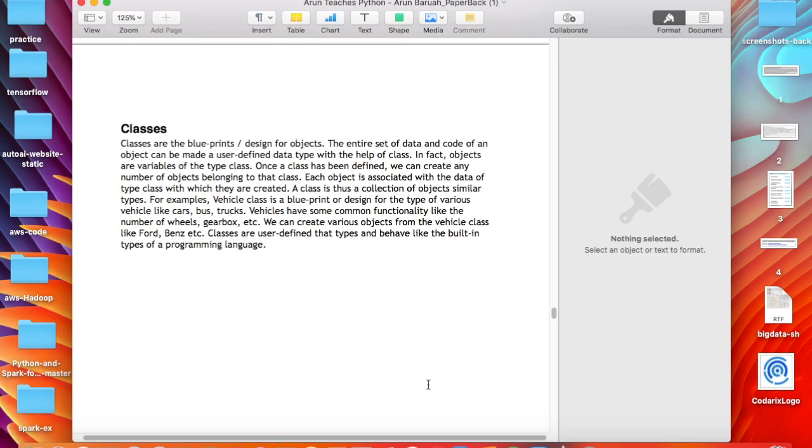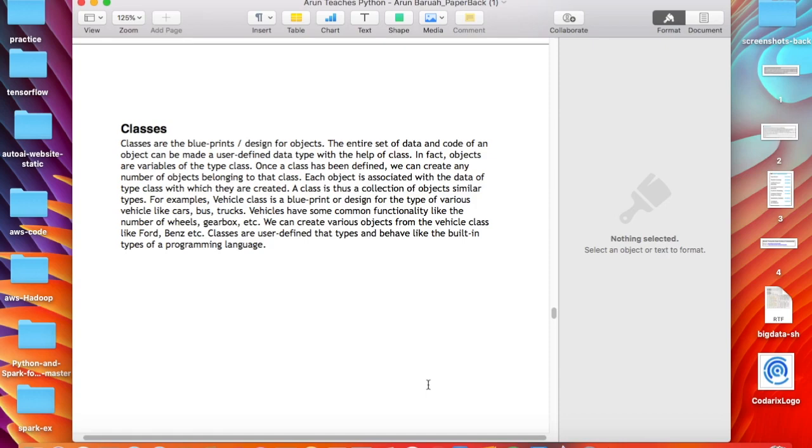you go to a real estate builder and the builder shows you some blueprints of their design, means building design, and you would choose the building design, and afterwards you can go for constructing your own house, right? So that building design is what? That is actually the blueprint.